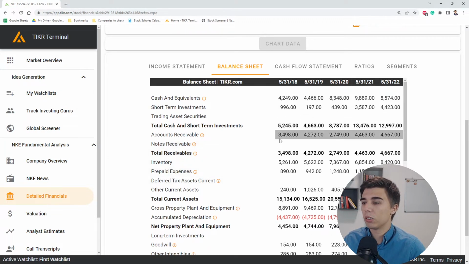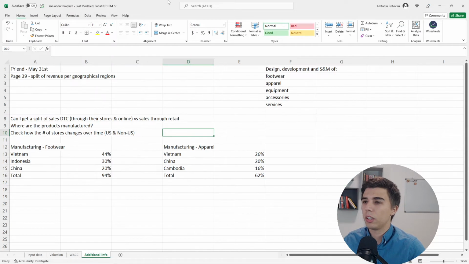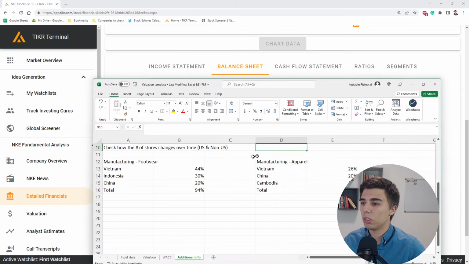Now, next is accounts receivable. So they went from 3.5 billion to 4.7. Normally, there is a percentage of revenue that will be still outstanding to be collected as cash. So what I want to check is how good is this process, the accounts receivable process. As a simple check, here in the additional info, I'll scroll down.